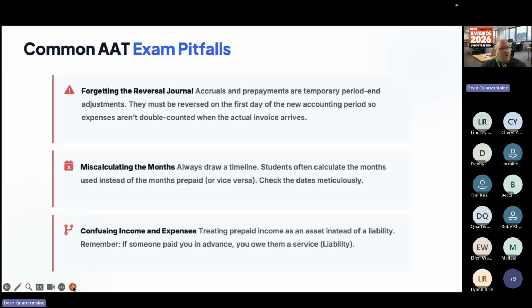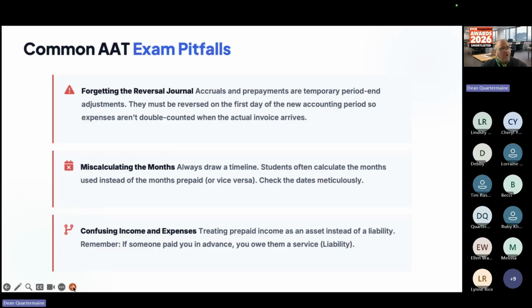I thought it was useful to highlight some of the pitfalls that we see in AAT exams. Whilst I've not got 100 hours this evening to go through everything, and I may do another session looking at this, it's really important that at the end of the financial period, you do your accruals and prepayments as part of your period end adjustments.